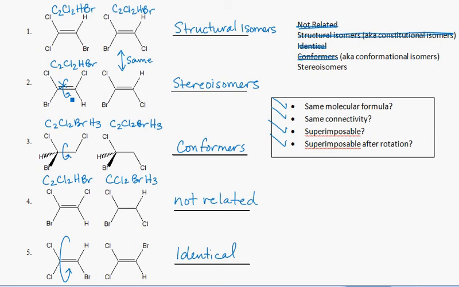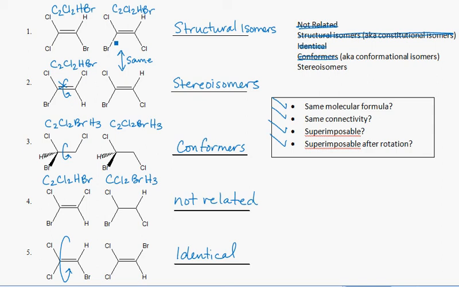Another way to tell if two molecules are stereoisomers is to take the full structural or the line structural formula that shows the three dimensions and put it into a condensed formula. If they're stereoisomers, the condensed formula should be identical.